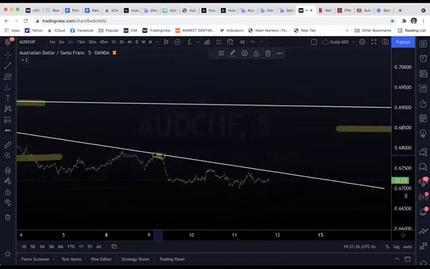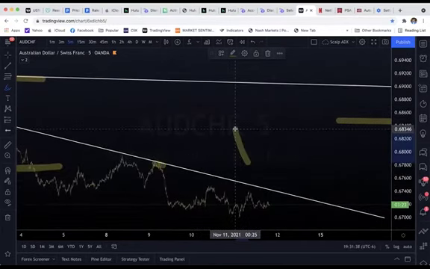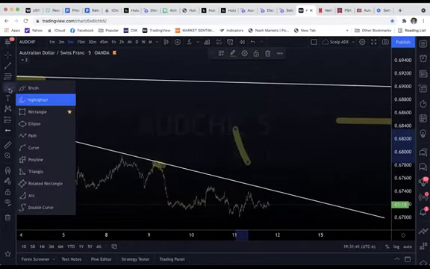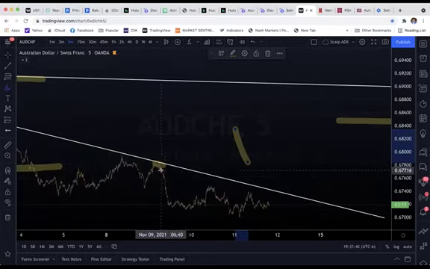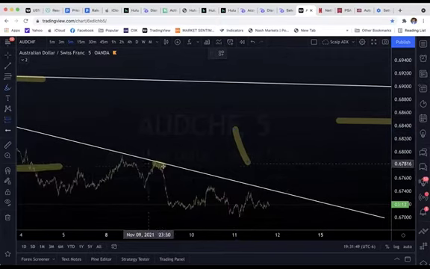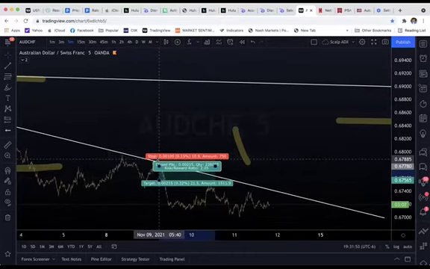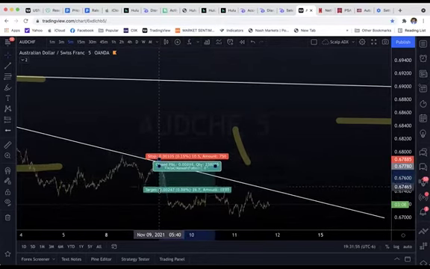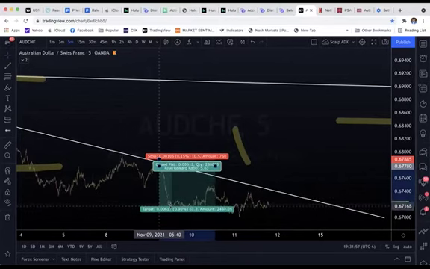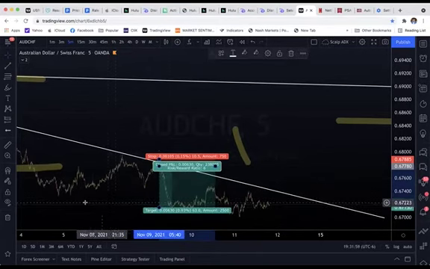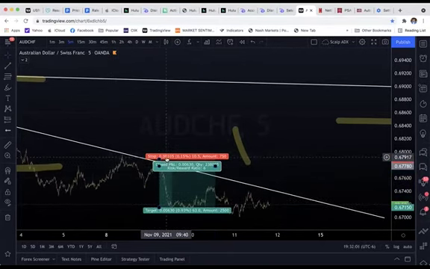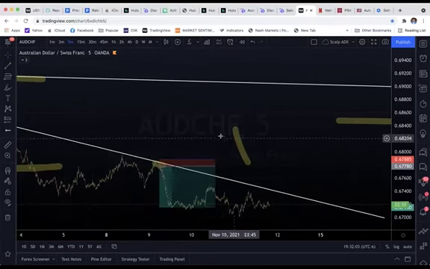Well, based off the 15-minute, now all of a sudden this is an area of interest for your 5-minute entry. You can put it a 10 pip stop, 63 pip.